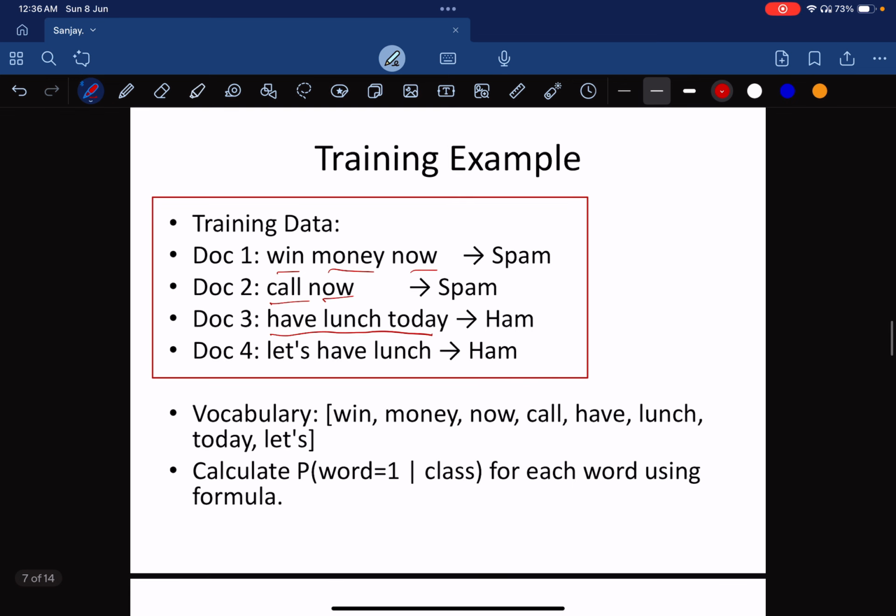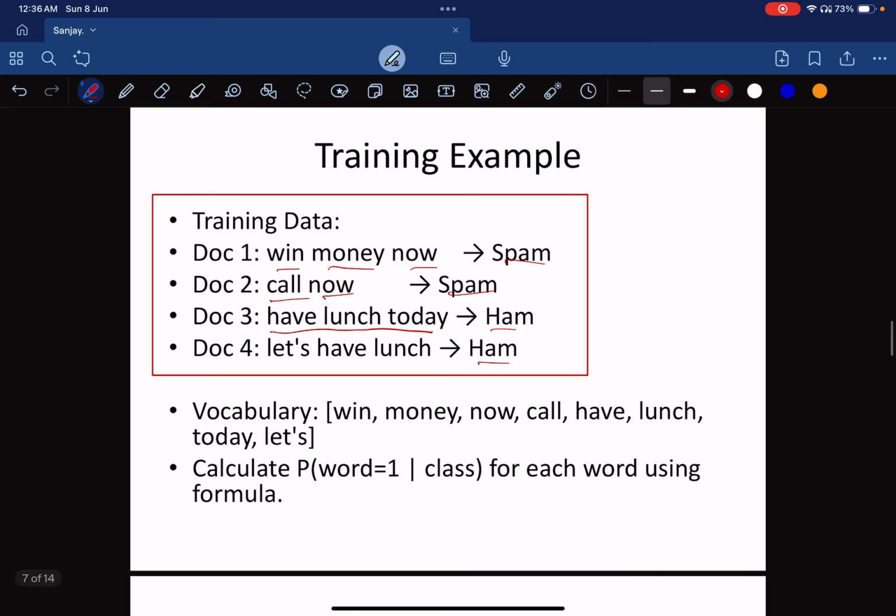These are the data and corresponding labels: spam, not spam, ham, like that. And in the vocabulary, we store the unique words, like win, money. It doesn't contain duplicates. For example, here it is now, and here it is now. It occurs two times, but in this vocabulary it will occur only one time.